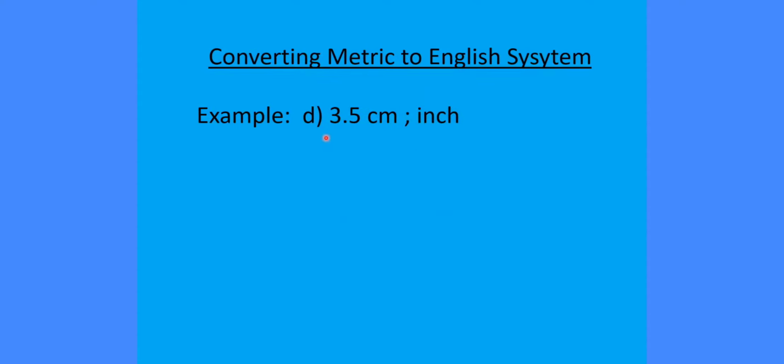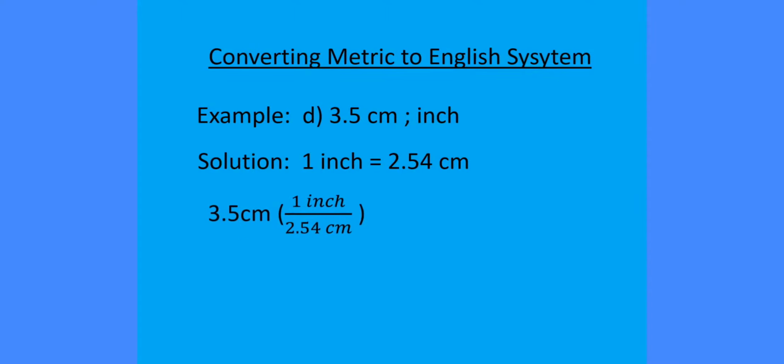Example D, 3.5 centimeters will be converted into inch. Alright, so centimeter is a metric unit, then inch is an English unit of measurement. Solution, 1 inch is 2.54 centimeters. So we will multiply the given value, which is 3.5 centimeters, by this ratio 1 inch over 2.54 centimeters.